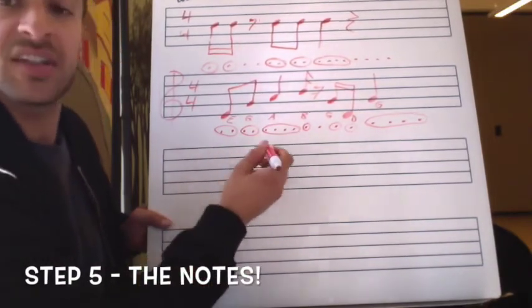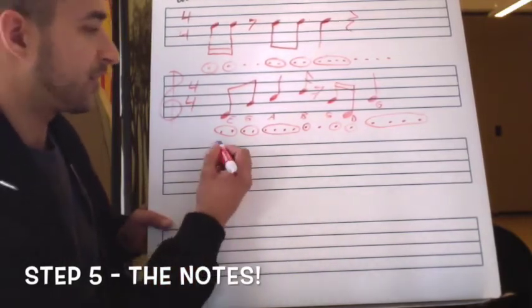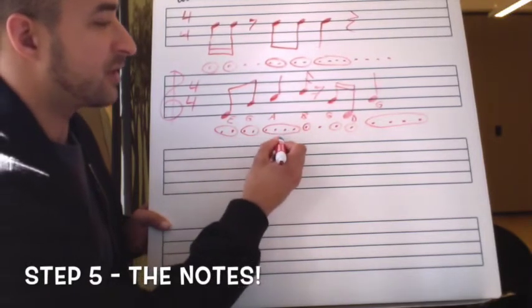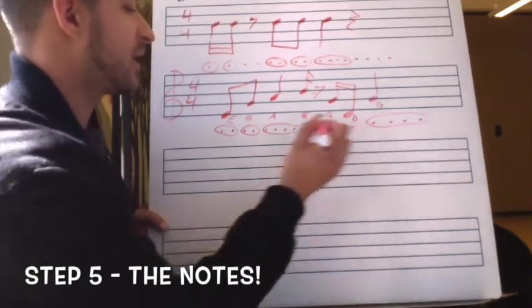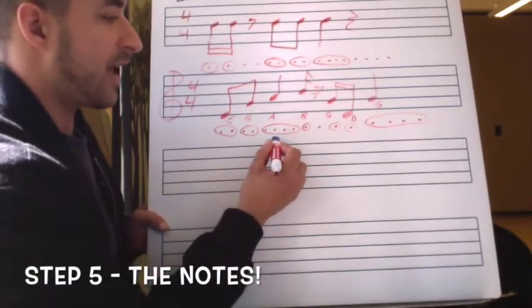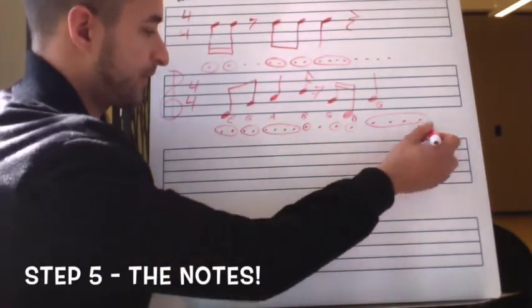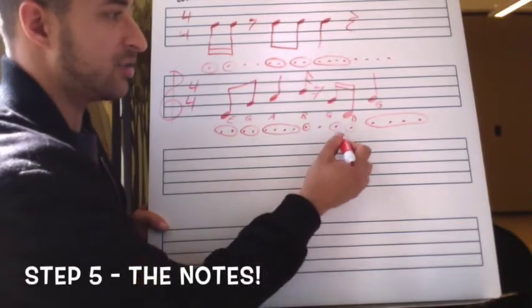So again, I'll click 16 clicks for nothing, and then I'll start saying the note names in the proper rhythm. 1, 2, 3, 4, 5, 6, 7, 8, 9, 10, 11, 12, 13, 14, 15, 16. E, G, A, B, G, D, G. E, G, A, B, G, D, G.